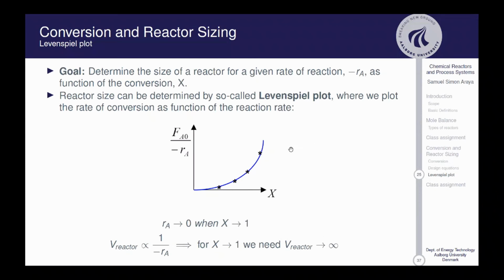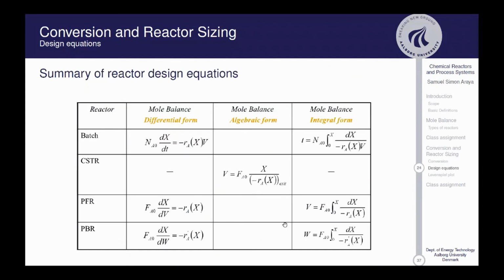The way we do that is, you can see here, we have the molar flow divided by the rate of reaction as a function of conversion in all of them. You can just assume that this is a linear equation, y is equal to ax, because this is usually unknown, and this is our y.